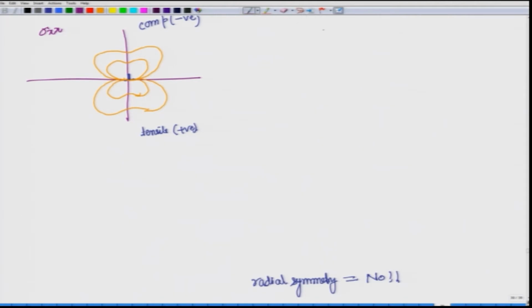Now, how would yy look? yy is not so straightforward to predict, but if you plot it using the relation that has been given to you, you would see that it shows a form like this. There are two main lobes and then there are four small lobes.